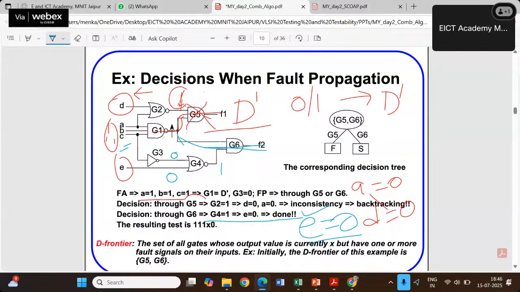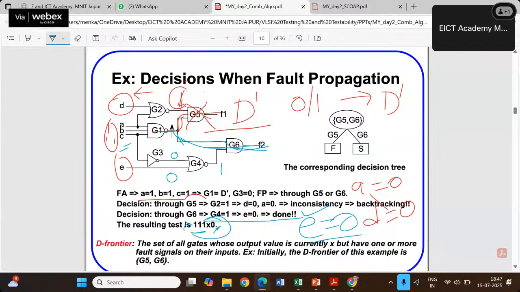So basically, these three inputs A, B, C were for the fault activation and this fifth one, E equal to 0, is for fault propagation to F2. So we are able to detect this fault. Now what is the test vector? In the test vector we have to include D also. We do not care about D because for this path D doesn't matter, right?